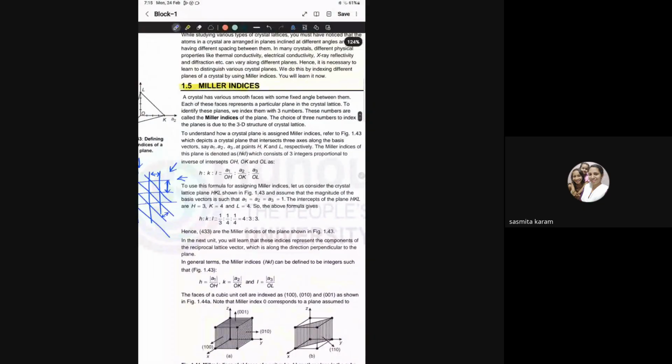That's how the planes are different, and that's why we need to identify these planes. To identify these planes, the planes are numbered with three indices. These indices are called Miller indices.